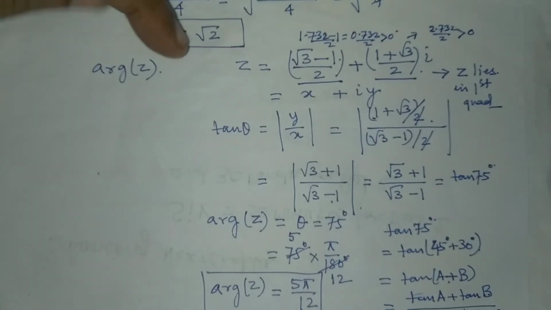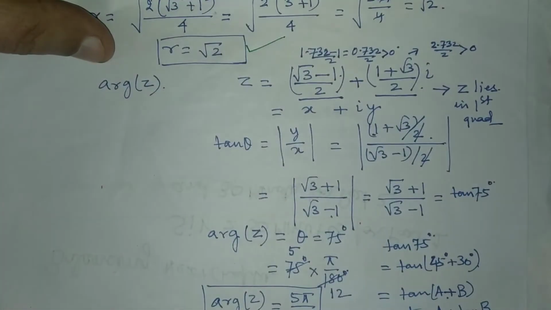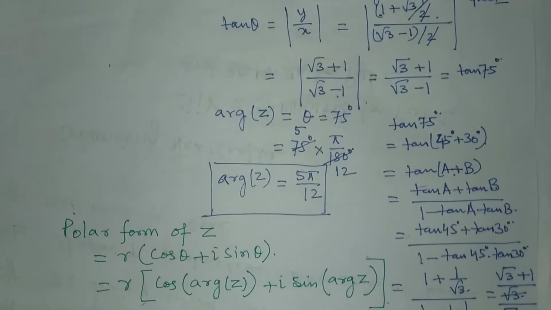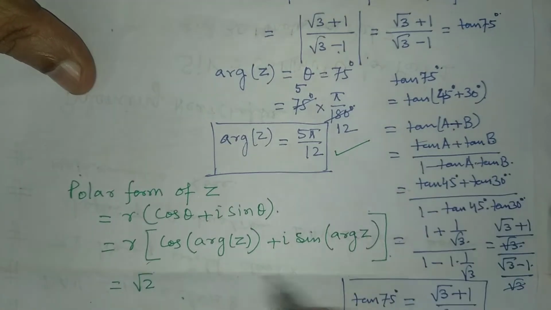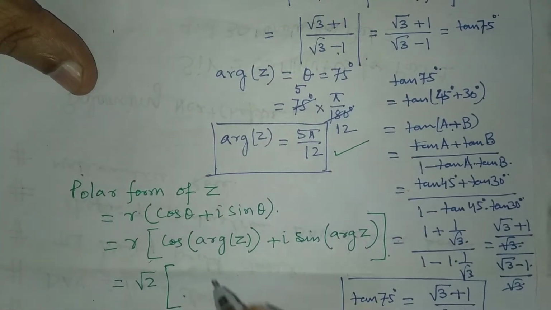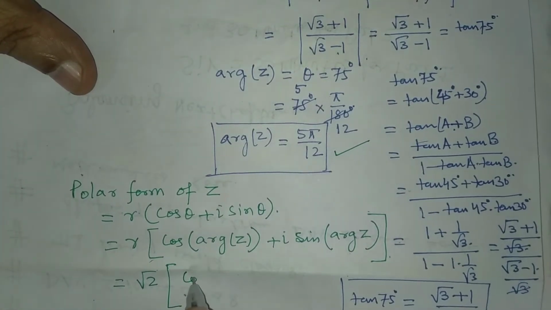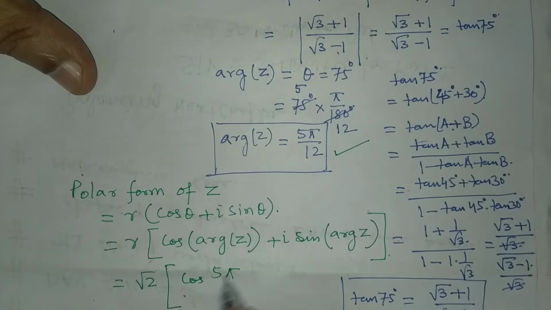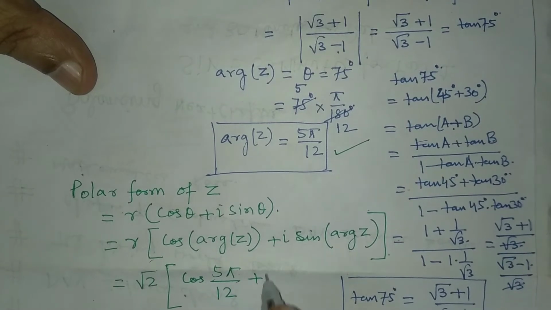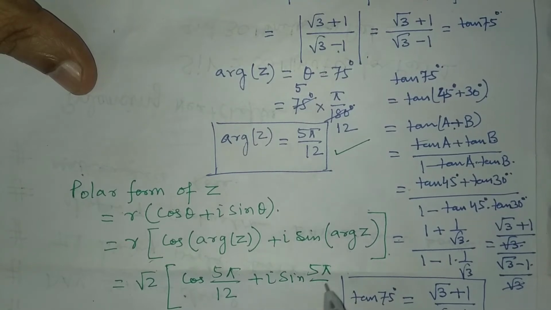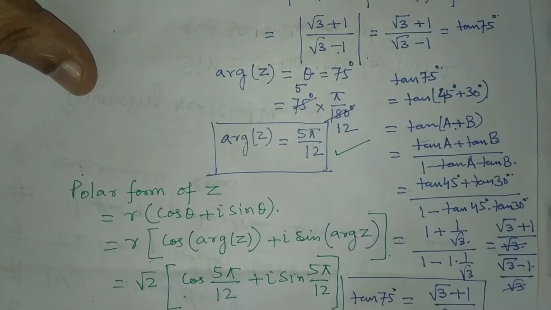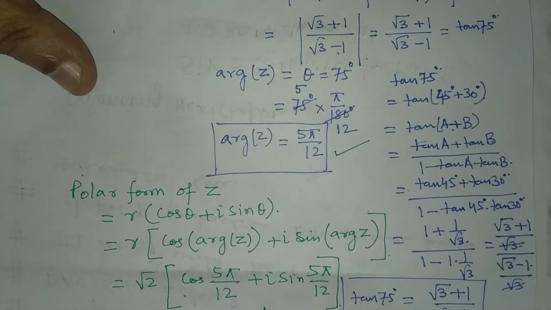R is equal to root 2, here. And now the argument is 5 pi by 12. So root 2 (cos 5 pi by 12 plus i sin 5 pi by 12). So this is the polar form of the complex number.